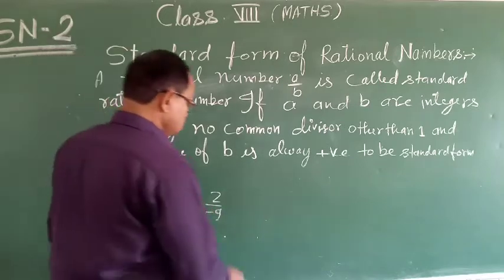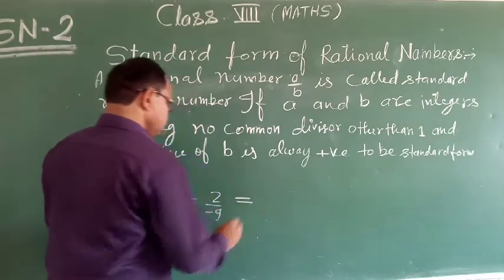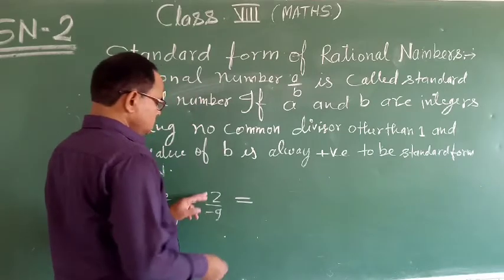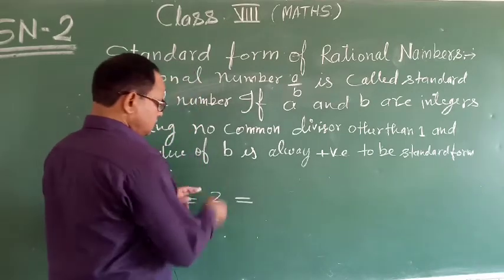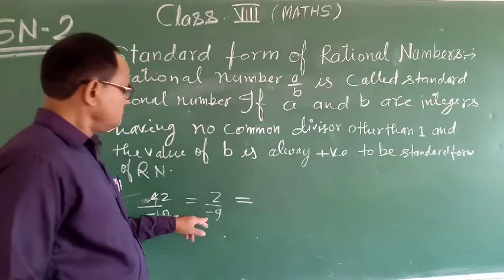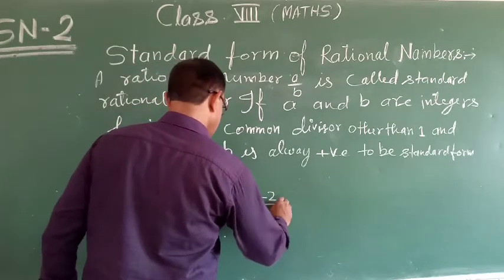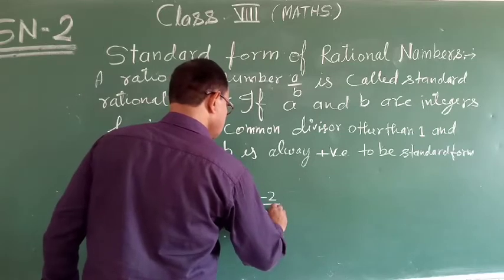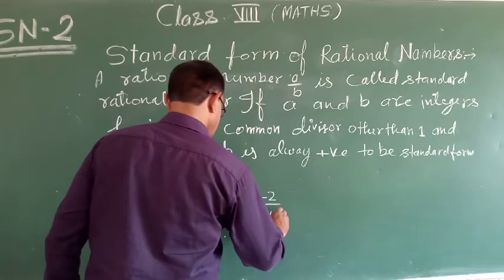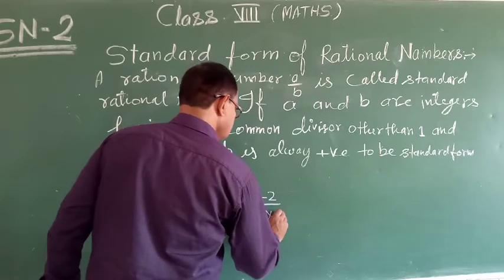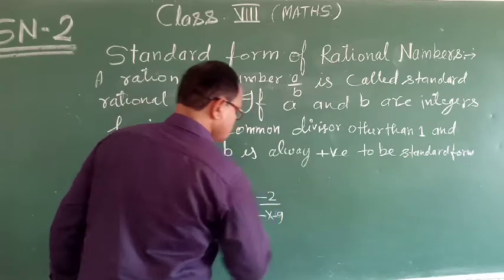Then we change it: multiply the numerator and denominator by minus. Here minus 2 upon minus into minus 9. Okay.